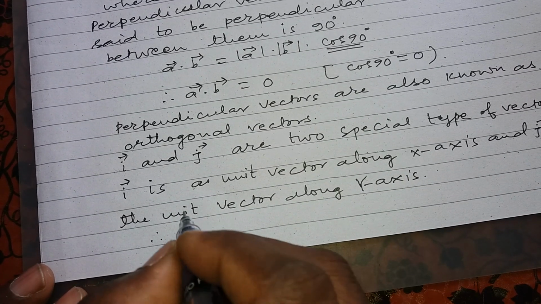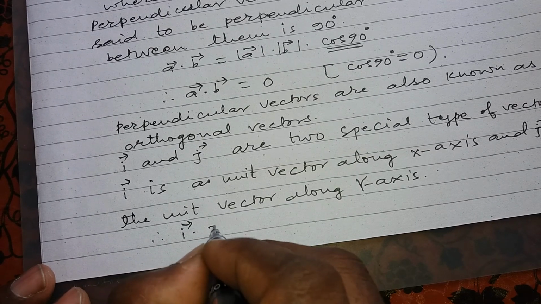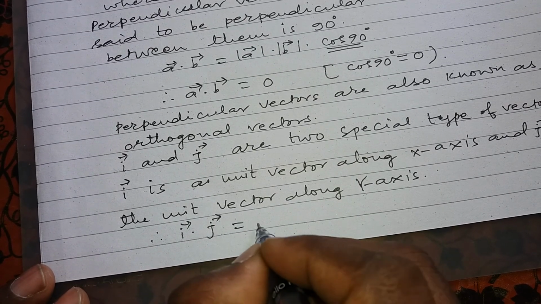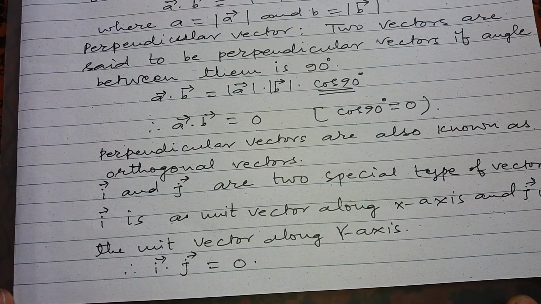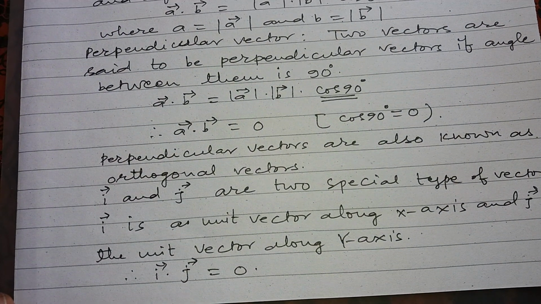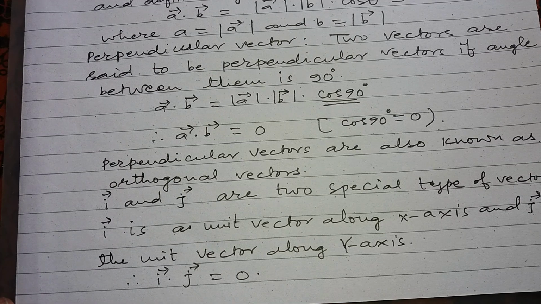Therefore, vector I dot vector J is also 0. This completes the solution.